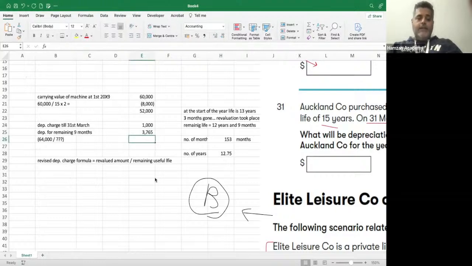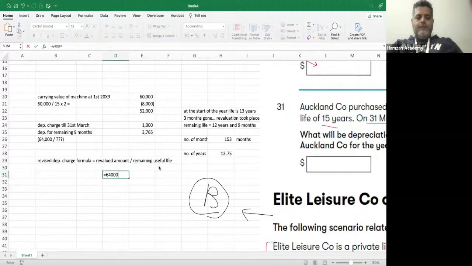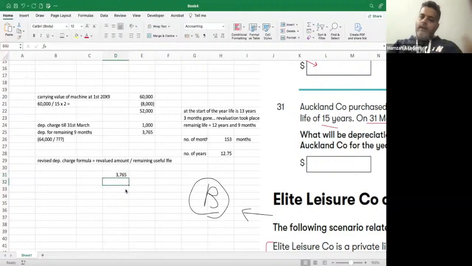And if I go by the years, I'm solving the years over here. So this is gonna be 64,000 by 12.75 into 9 by 12, because 9 by 12 are the number of years now. So this is going to be 3765, or rather 9 by 12, I multiply it with 0.75, I get 3765, the same, right?